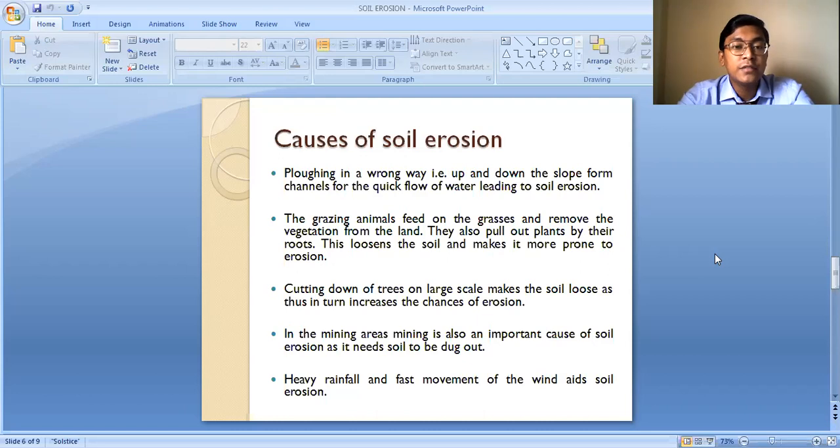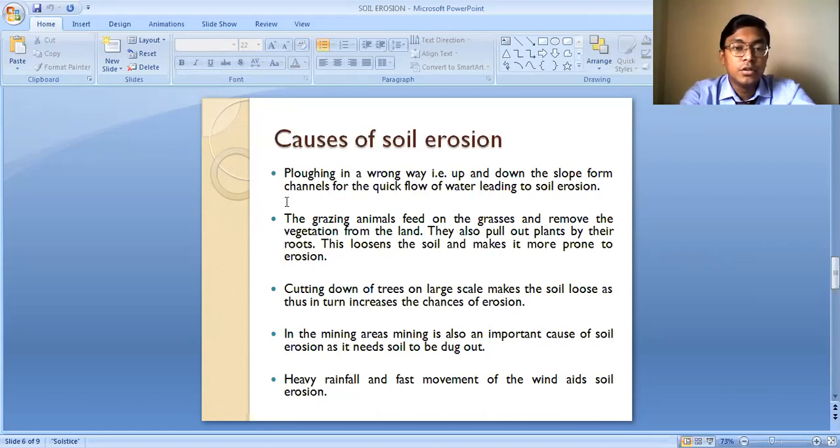So the land becomes very fragile, and if the wind blows at a very fast rate, or if heavy rainfall takes place, the topmost layer of the soil gets washed away.